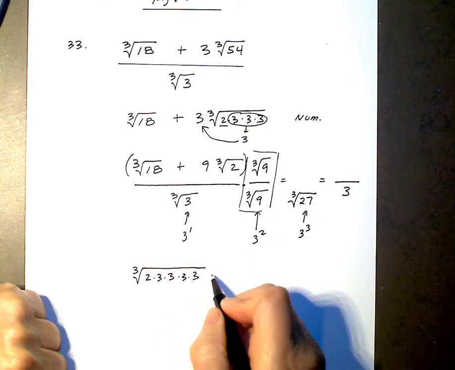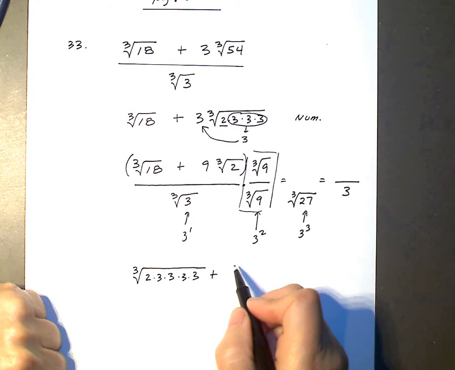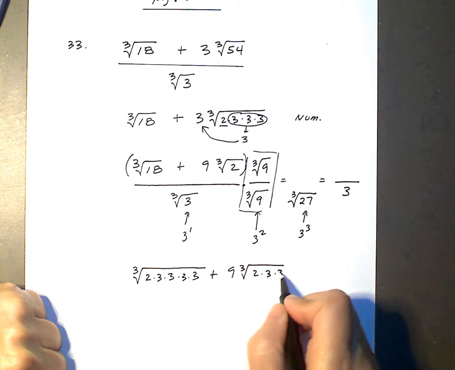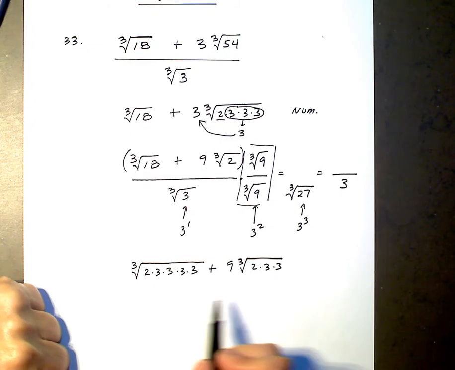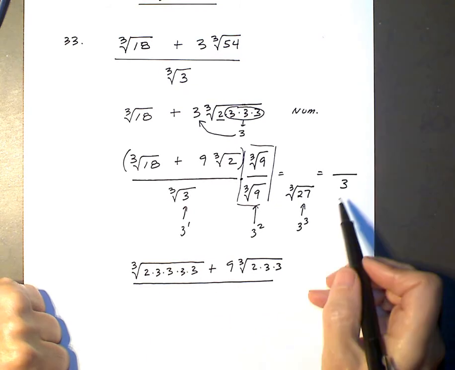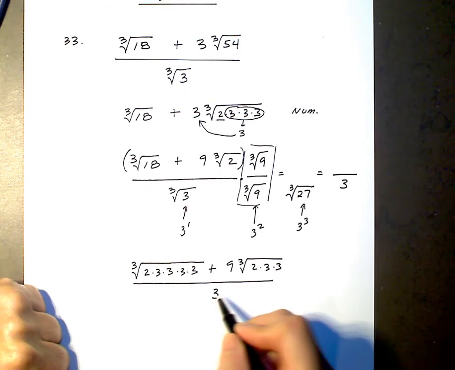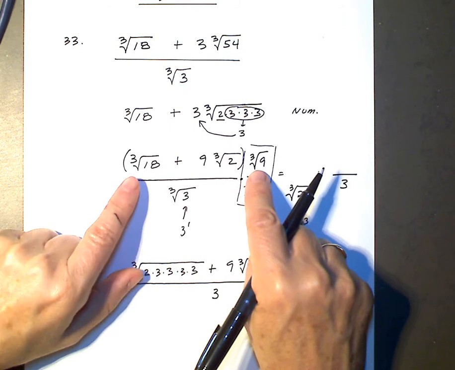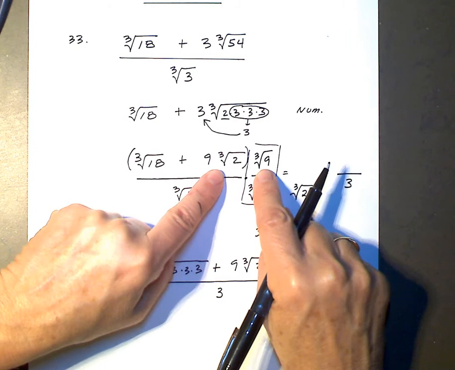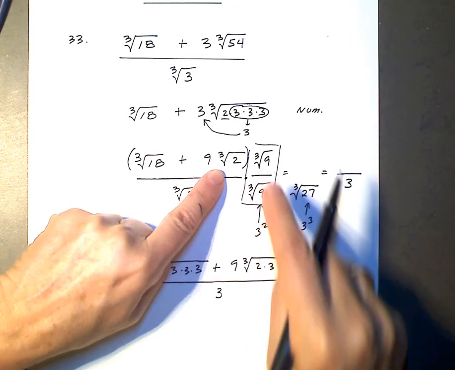Okay, plus 9 times the cubic root of, and I have 2 times 3 times 3. So there's no cubes in there. But in the denominator now, I'll be all over a rational 3. So I multiplied the cubic root of 9 by cubic root of 18 here, and then I multiplied cubic root of 9 by 9 cubic root of 2 right here.